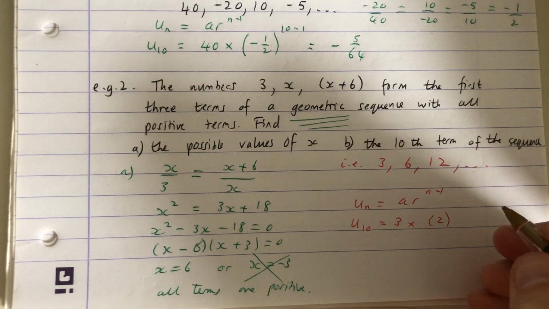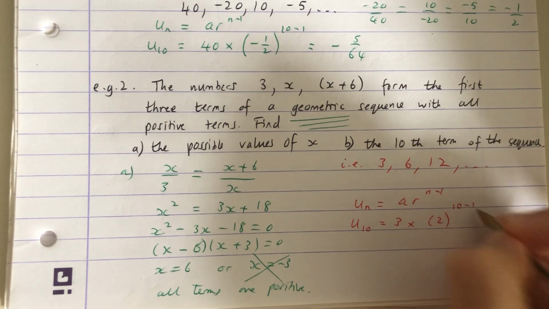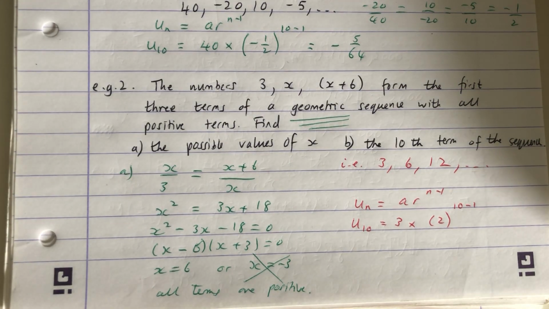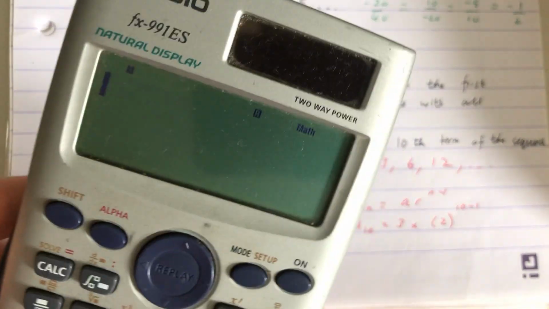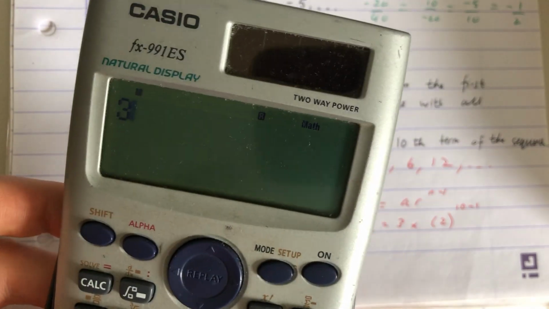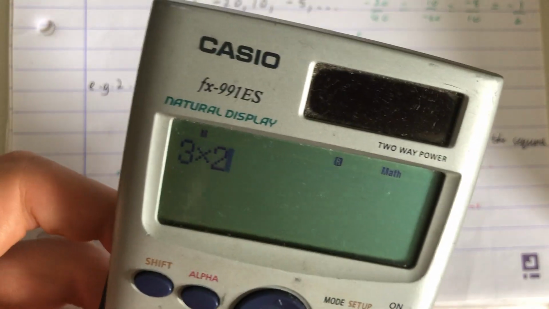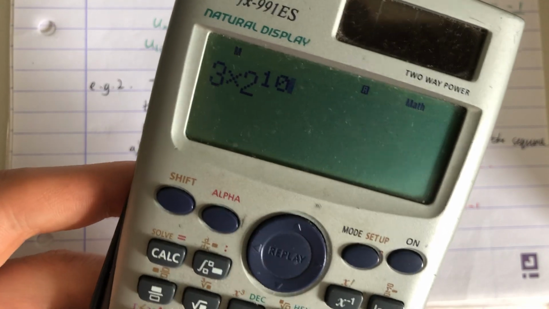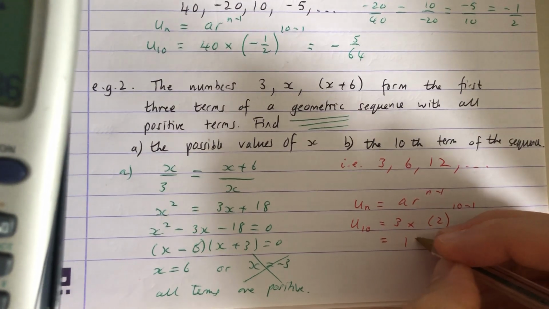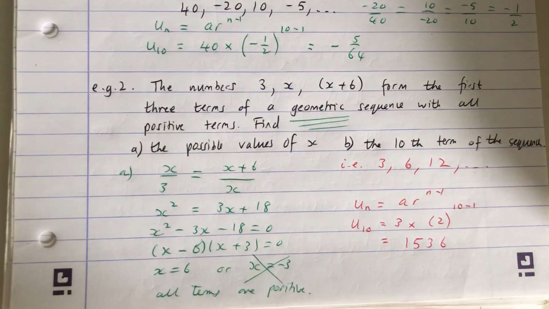I'm going to include the brackets, but it wouldn't make a difference with this one. To the power of 10 minus 1. And then type that into your calculator. Some of you can do that bit in your head, actually. Powers of 2, a lot of people know them. That's 1,536.